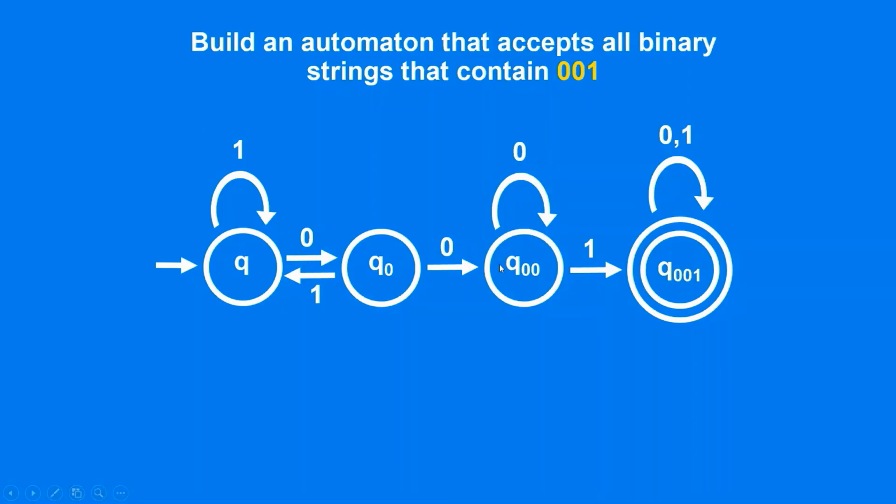So better you stay here. This 0, 0 state means at least two 0s, or many more, have been scanned. Then whenever you scan a 1, just go to the final state.